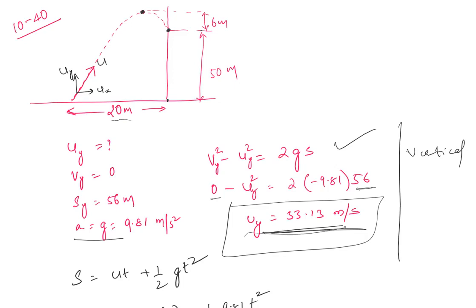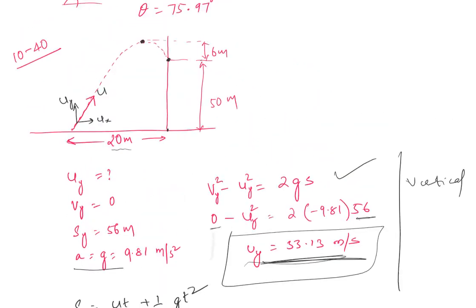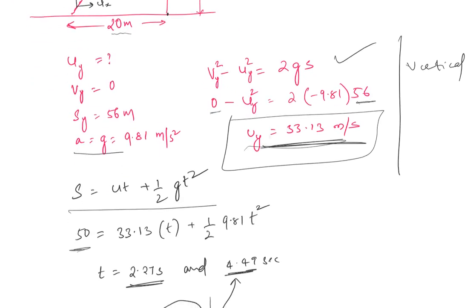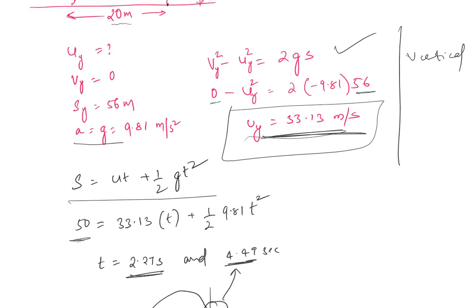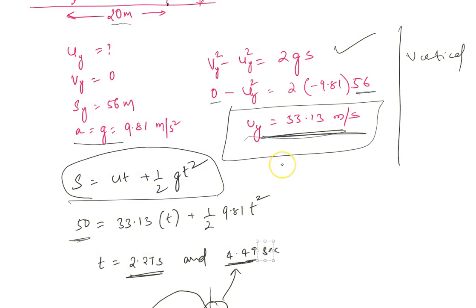We found the final velocity, and then we found the initial velocity, and then we use this formula here, using this height, asking at what time does it reach this height. And that's what we found. We could use this formula now because we know the initial vertical velocity.